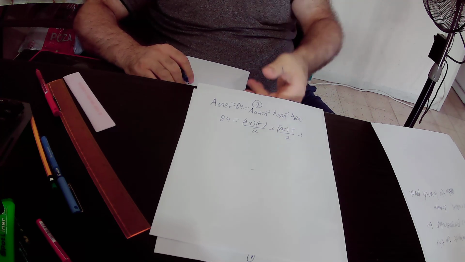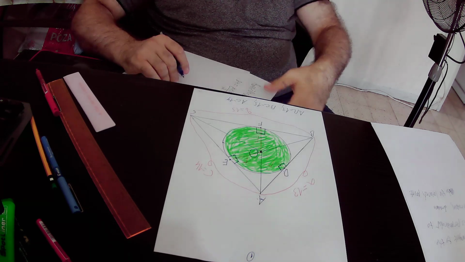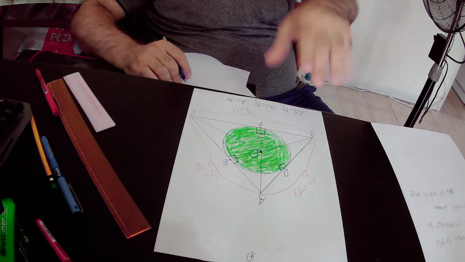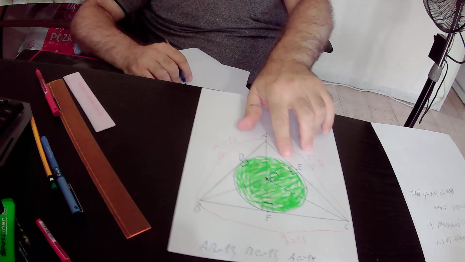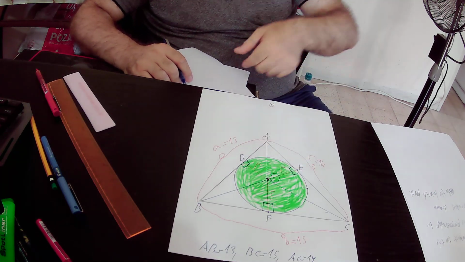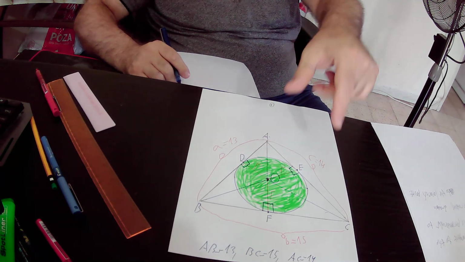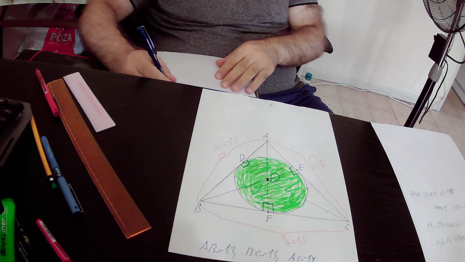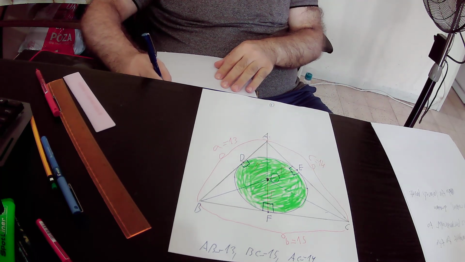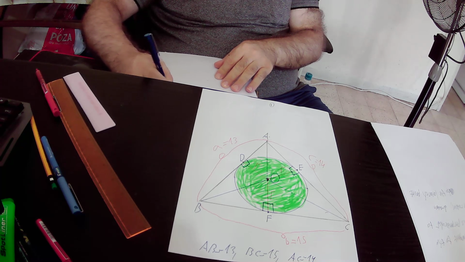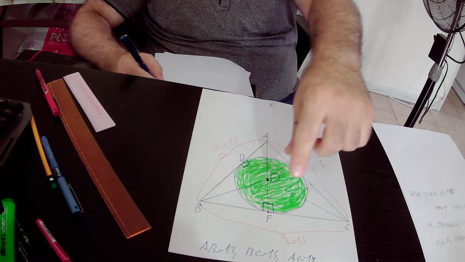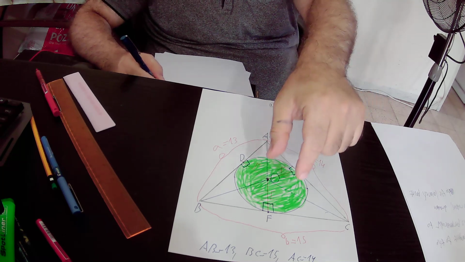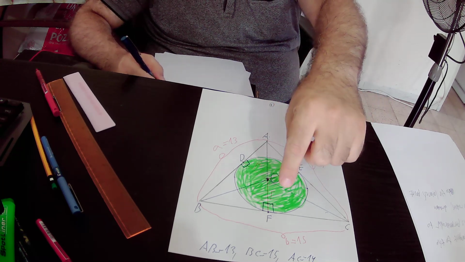Okay? And what is the area of triangle BOC? The area of triangle BOC equals the base of triangle BOC, that is BC, times the height to the base. The height must create 90 degrees with the base.